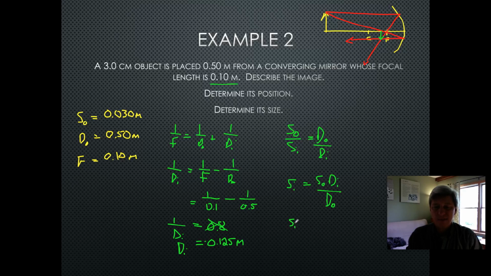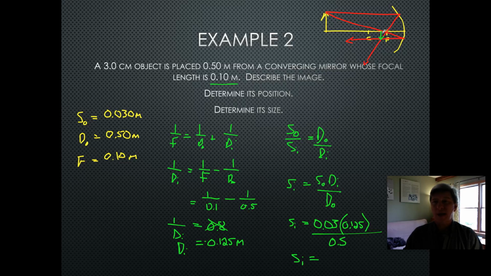And so the size of the image is going to equal, the object was 0.03 meters. The distance of the image we just calculated is 0.125 meters. And divided by, and actually we'd have to change this to 0.13 for sig figs' sake. And the distance of the object is going to be 0.5.